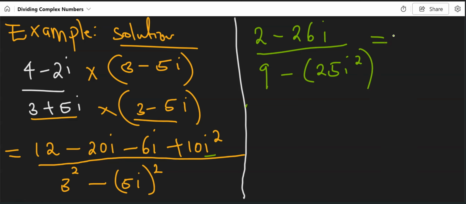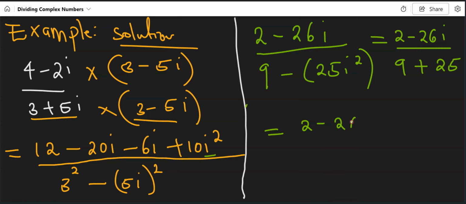This gives us 2 minus 26i divided by 9 plus 25, that is 34.